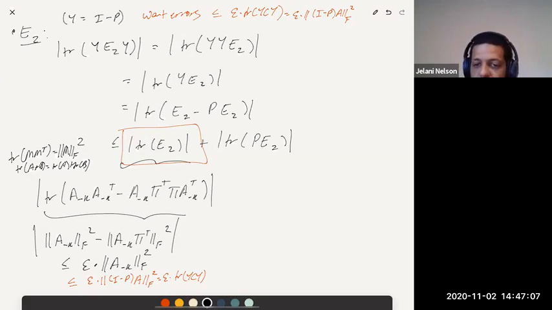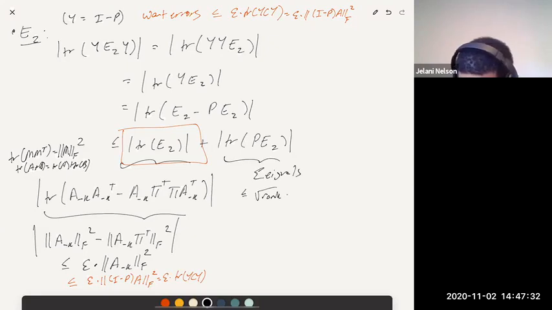So by Cauchy-Schwarz, the sum of the eigenvalues is at most the square root of the rank times the L2 norm of the eigenvalues.